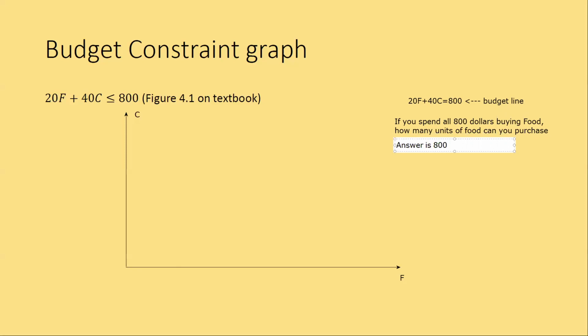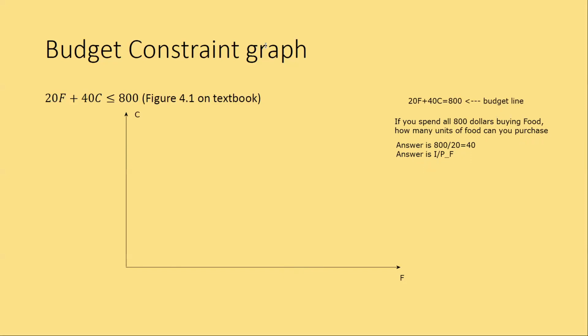The answer is 800 divided by 20, which equals 40. And just to note, the answer is the amount of income that you have divided by the price of the food. So this should be P subscript F. And this is the intercept on the horizontal axis.